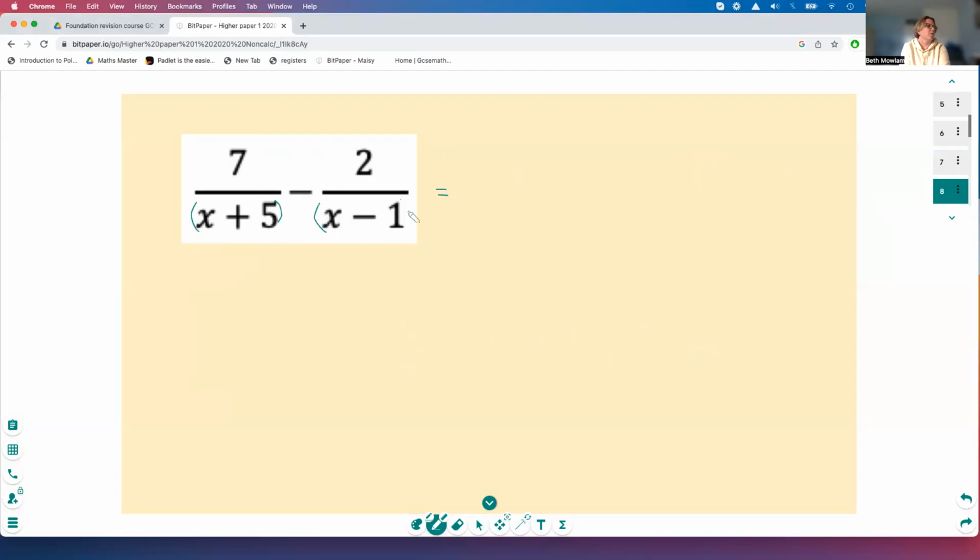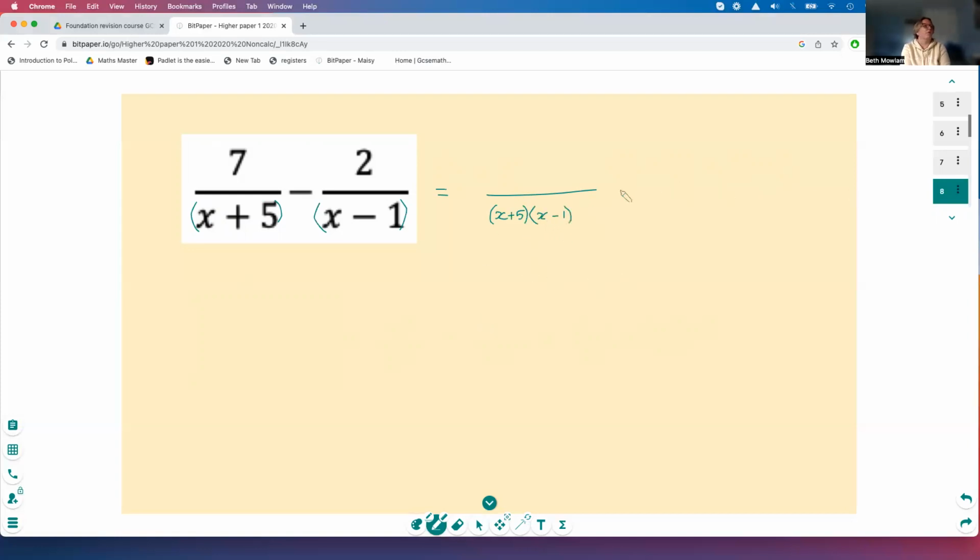So you remember they go together. If you've got two brackets like that, and only numbers on the top, double check that you can't factorize and simplify. You can't on this one. So we'll make our common denominator simply x plus 5, x minus 1.